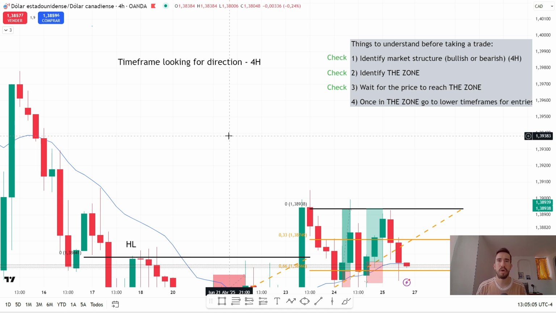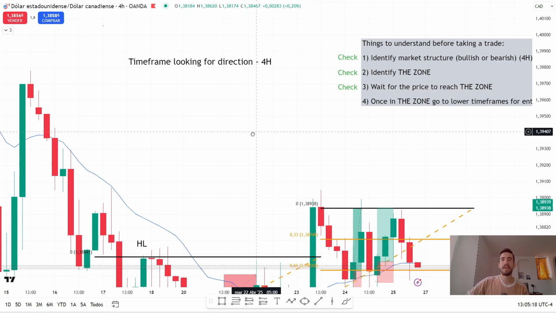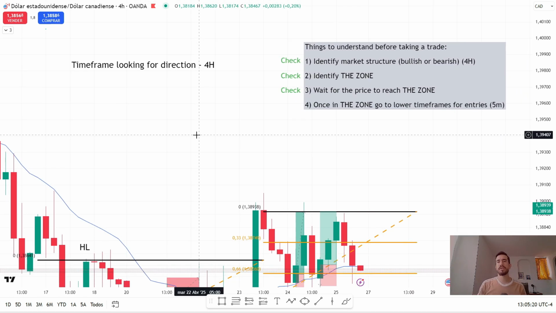Of course, there are some types of traders who specialize in taking those retracements, but this is not the case, okay? One thing I want you to remember is that there's not one strategy better than another. There's no such thing. There are many strategies that work.